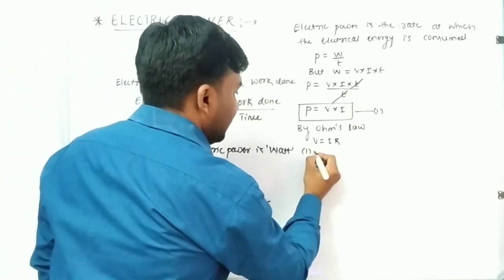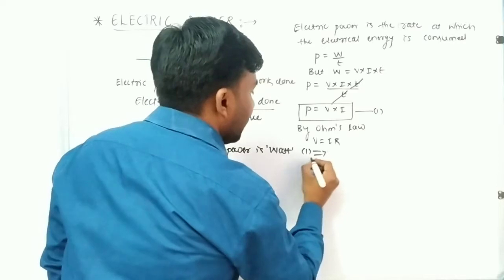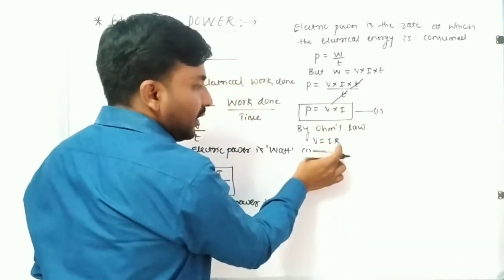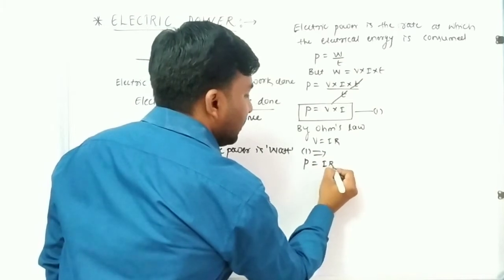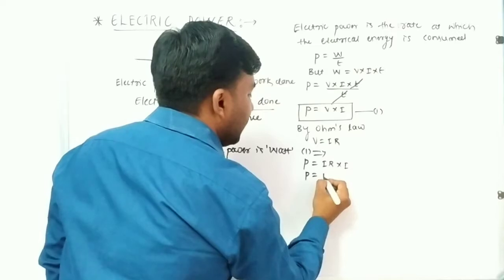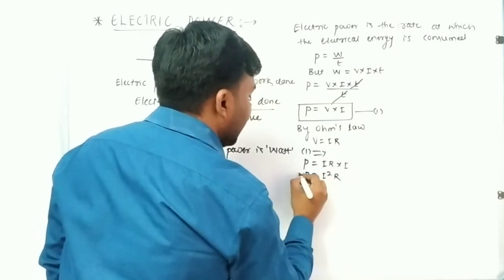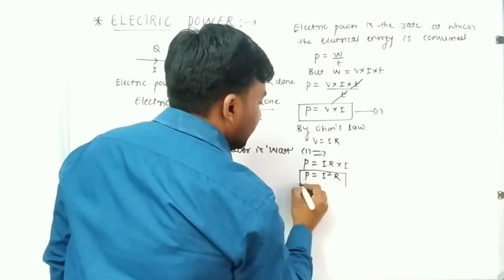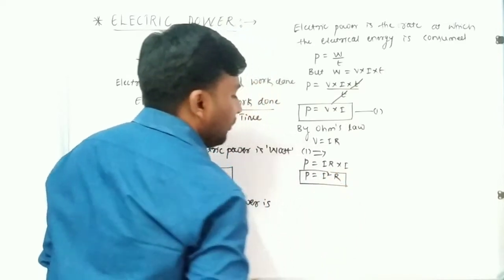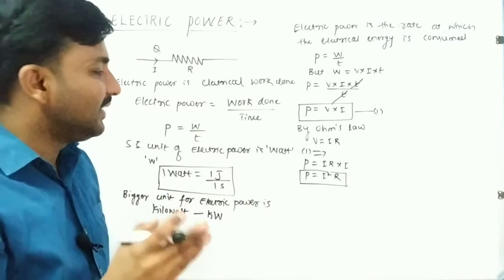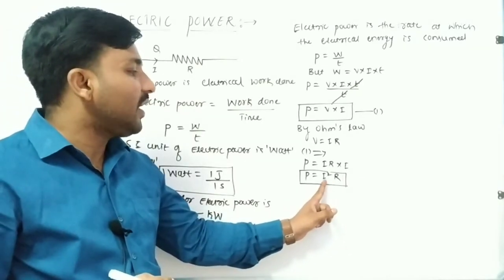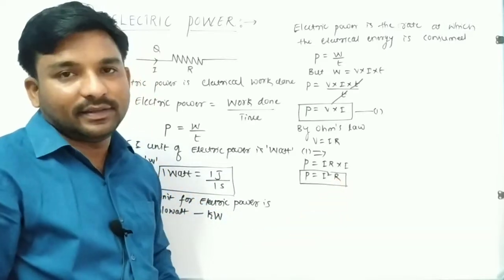Now this expression 1 implies that P is equal to, in place of V I have to write I into R, and this I as it is. Therefore P is equal to I square into R. So this is the second expression for the electric power. Electric power is the product of the square of the electric current and the resistance.